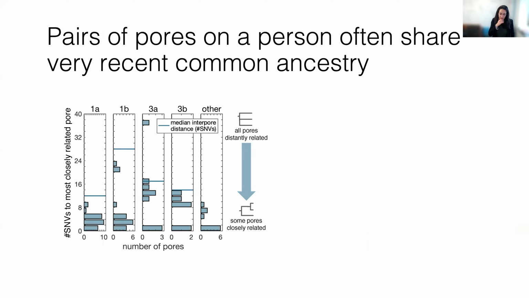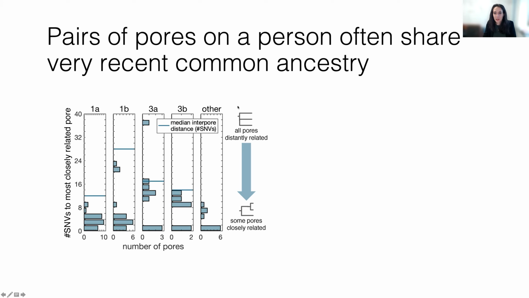I just want to point out another feature that you can kind of see in the tree, but we quantified it here, which is that these bottlenecks aren't old. They're not old bottlenecks that happened early on, when this person was first colonized, with each pore then separated forever in its own little deme, because we see that pores are related to each other.